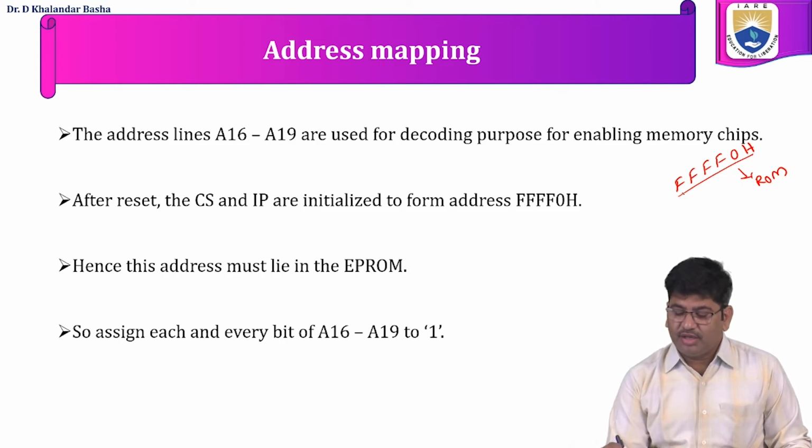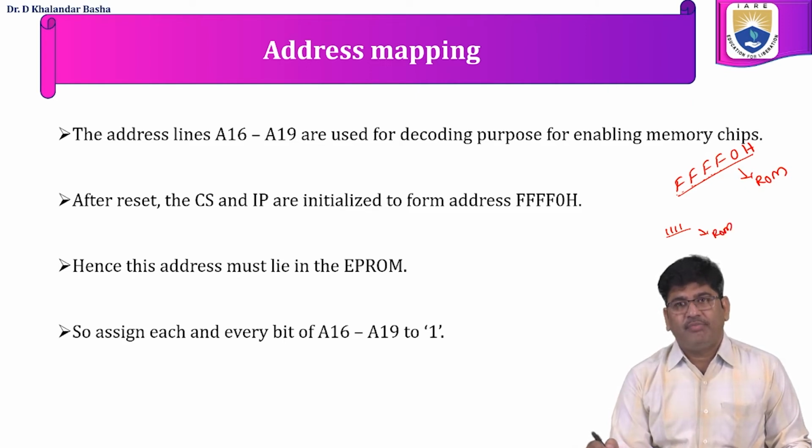If you observe the upper side, it consists of FFF, indicating the upper bits are 1111. How many bits are left out? It is better to give 1111 for the ROM address. So for each bit from A16 to A19 we will assign one, to assign the address FFFF0H for the ROM location.